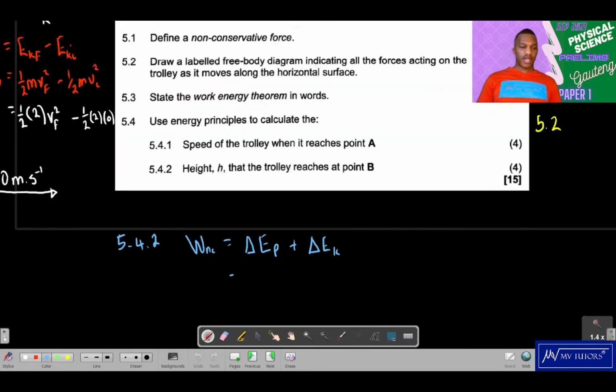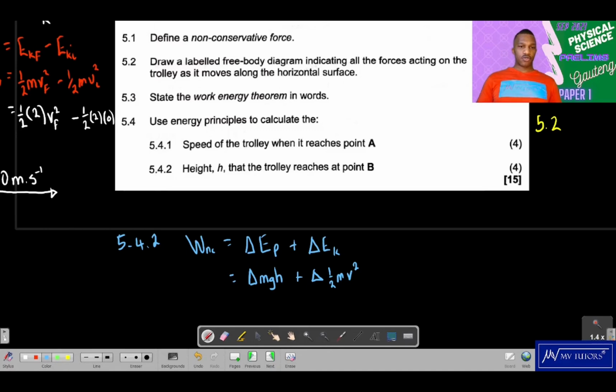So under here we're gonna write the change in mgh, plus kinetic energy. If you remember, it's still a half mv squared. Okay, that's cool.